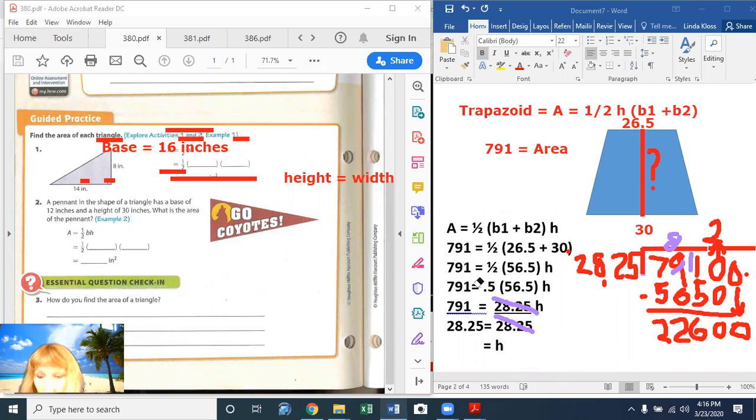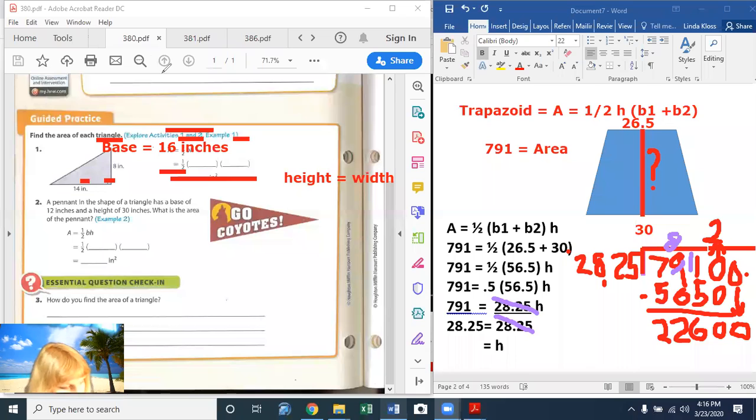Okay. Now we have to take 2,825 into 22,600. So it's about 3,000, and this is about 22,000. So 3, 6, 9, 12, 15, 18, 21. So about 7, right? So I think it's going to be 7.